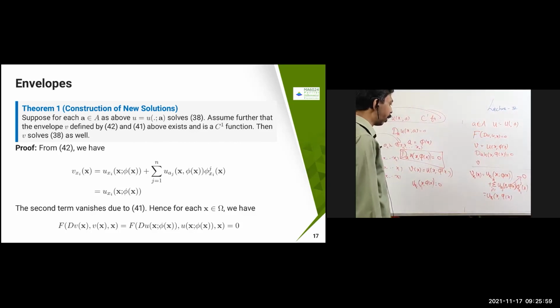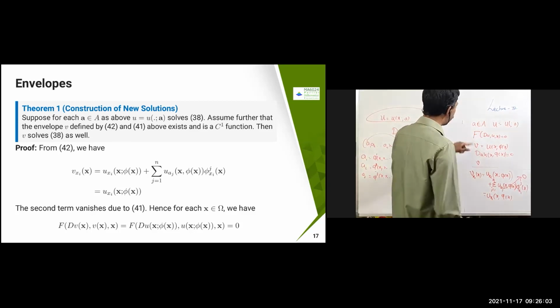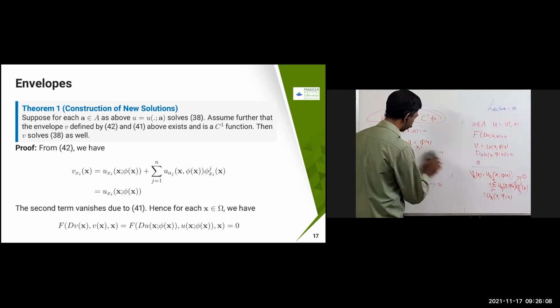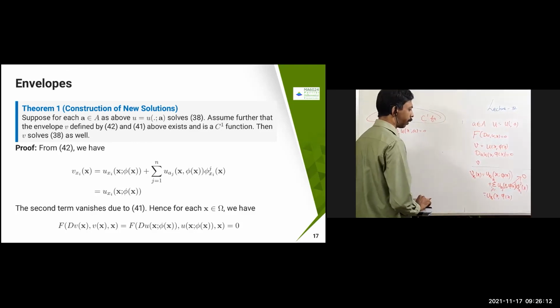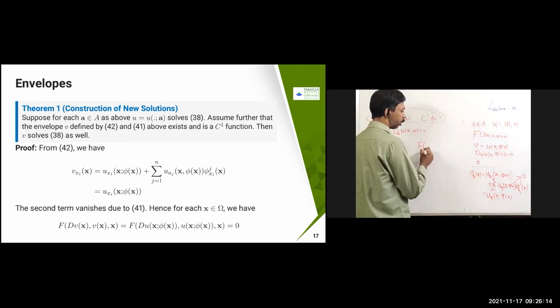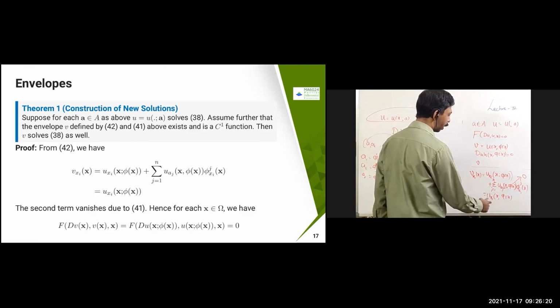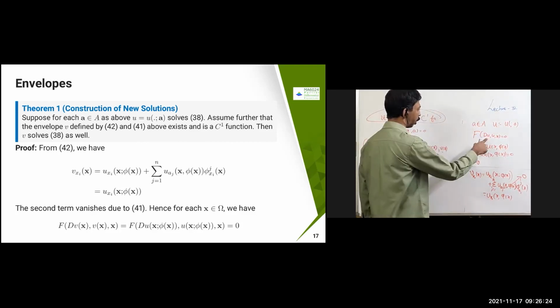So therefore what you are going to get is that for each x you are going to get this one. Therefore this equation I can write as f of dv of x comma v of x, because v_xi and u_xi are the same. So dv of x is going to come in the place of du.